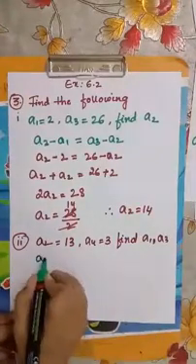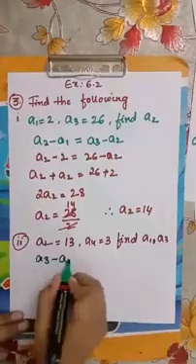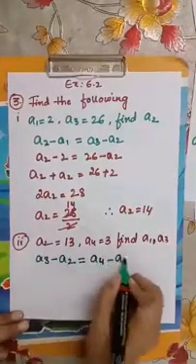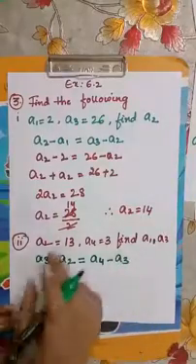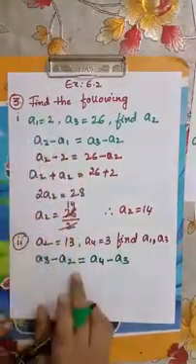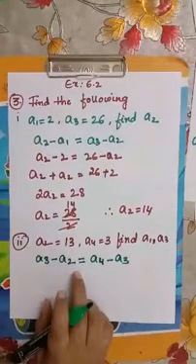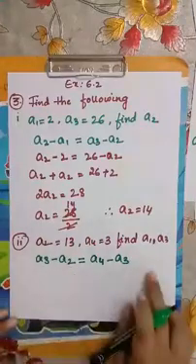The first thing, we use the formula A3 minus A2 is equal to A4 minus A3. Okay, आपको तो पता है हमारा how to find the common difference: second term minus first term, third term minus second term, fourth term minus third term. The same thing is going on.